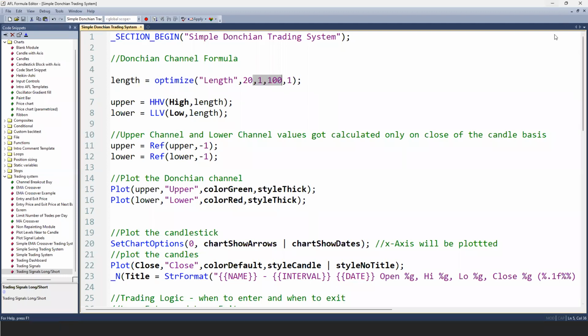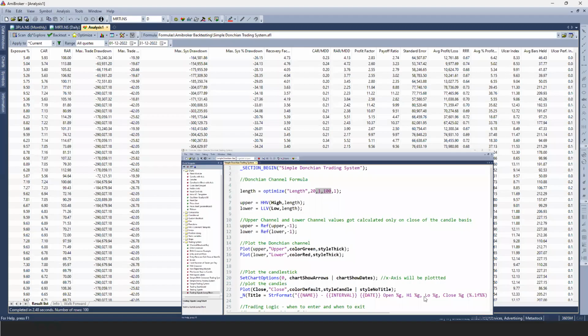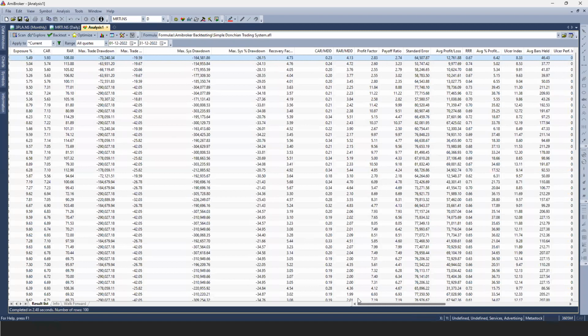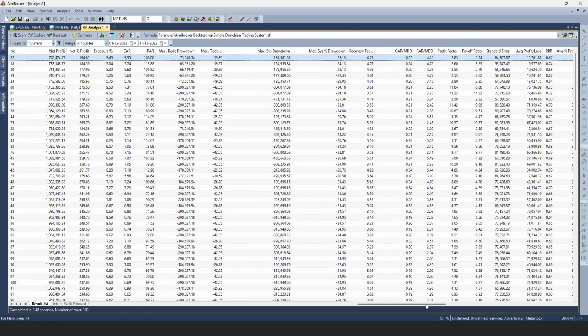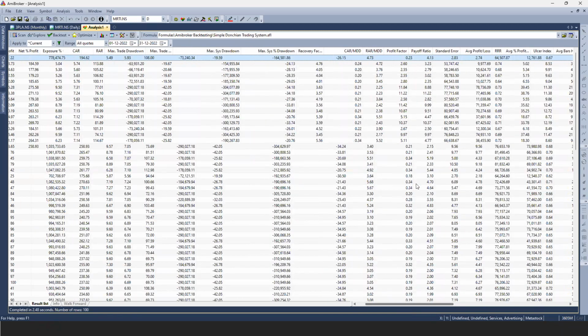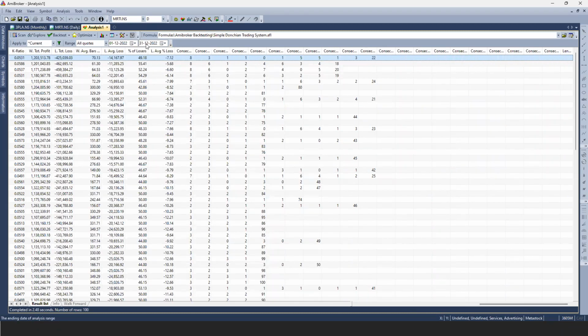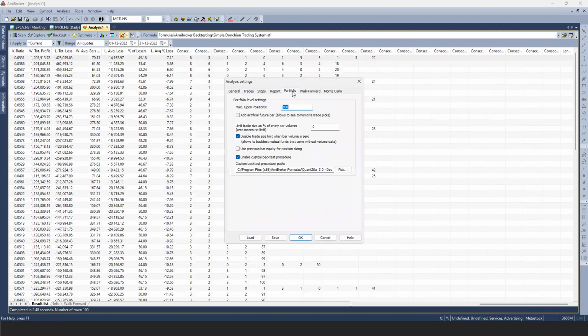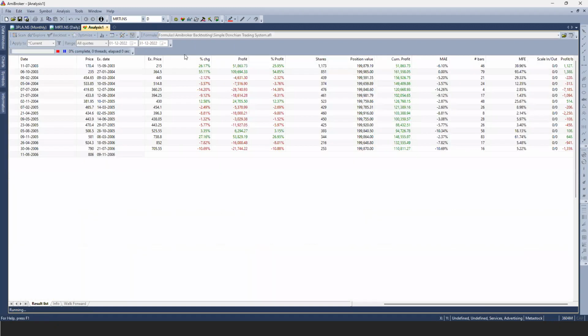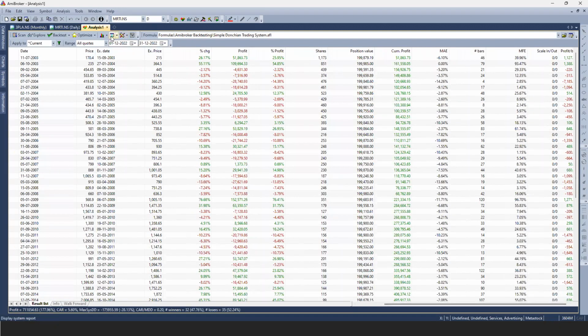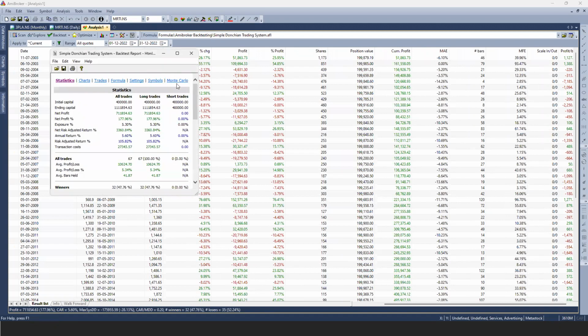Each and every line you are seeing here is nothing but a backtest, which will help you optimize, and you can see the parameters at the end. I think I also enabled some custom backtesting. Let me remove the custom backtesting.